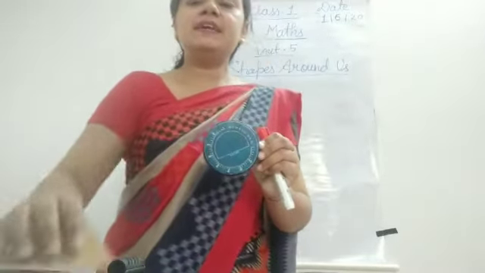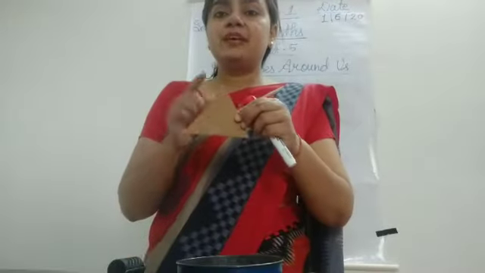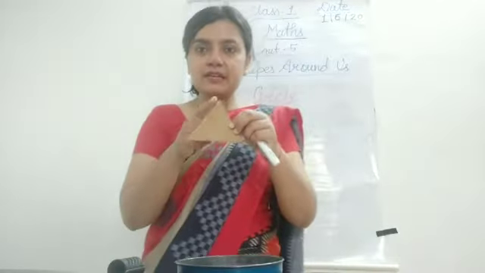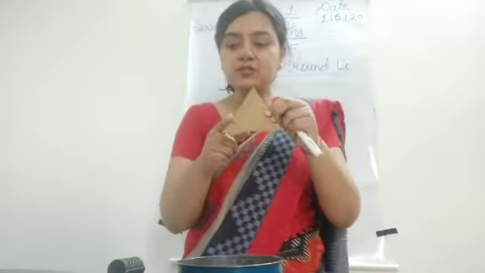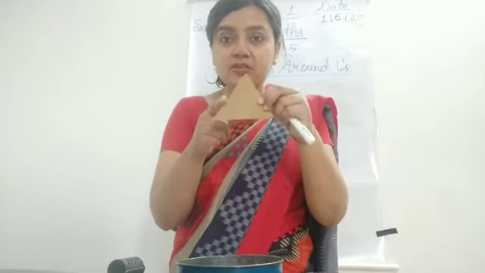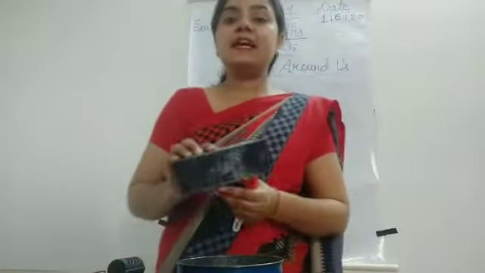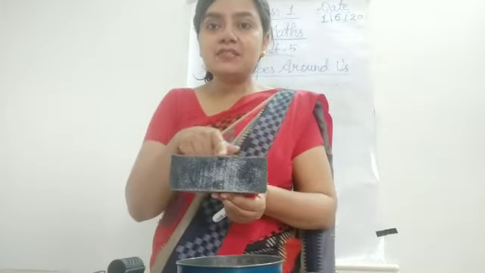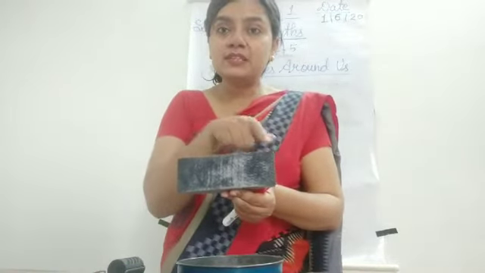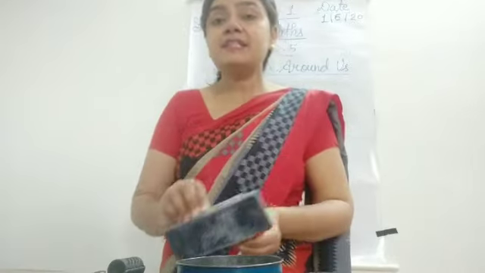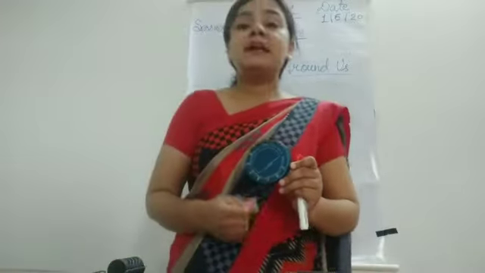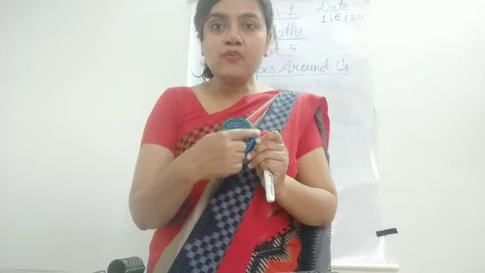Here you can see one flat surface. This is a flat surface, no? This is called side. And in rectangle also I told you, this is a flat surface. This is called side. But in circle you will see, there is no flat surface here.